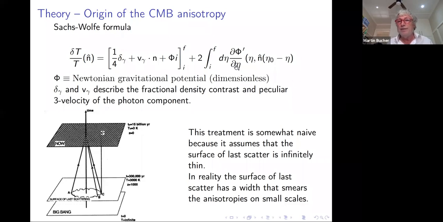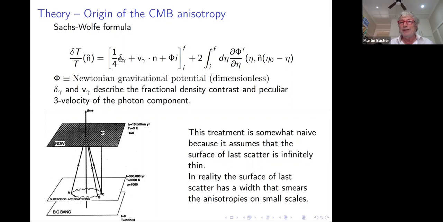This is a very nice formula that you can write down that gives you a lot of intuition about what you're looking at. This is the fractional change in temperature looking in a direction, which I write as a unit vector. And you have a number of contributions.